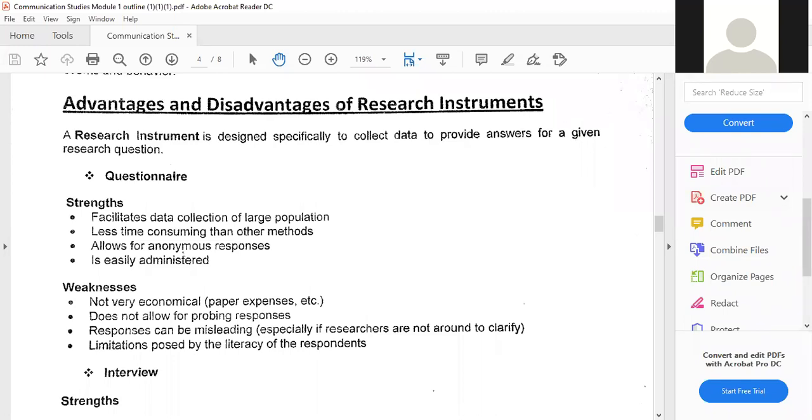Is she typing in the chat? Yes, miss. What does she say? It provides flexibility. Flexibility? In what sense, Kiana? Expound on that, please.